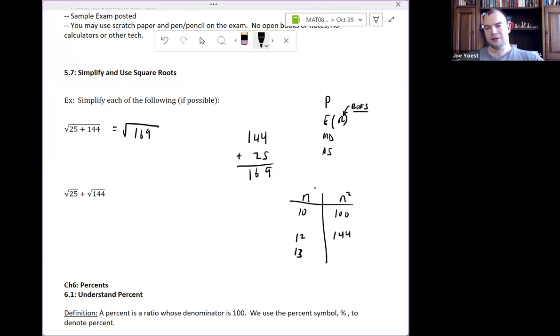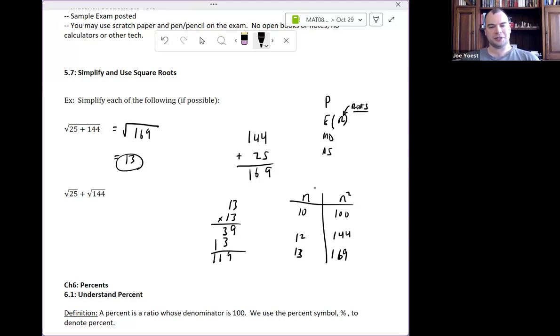So what is 13 squared? 3 times 3 is 9. 3 times 1 is 3. 1 times 3 is 3. 1 times 1 is 1. Oh, well, 13 squared is exactly 169. So the square root of 169 is 13.